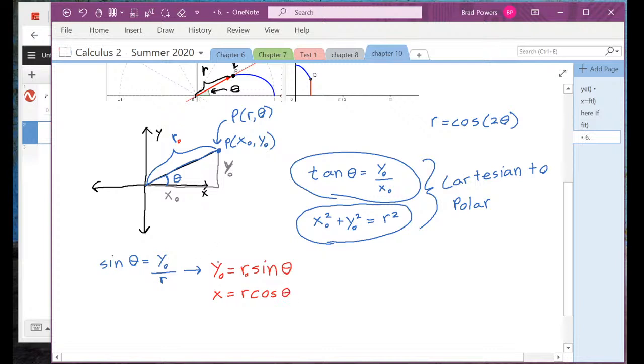Now that's really handy. If I know r and theta, I can get x and y. So this is what we want to use if we're going from polar to Cartesian.